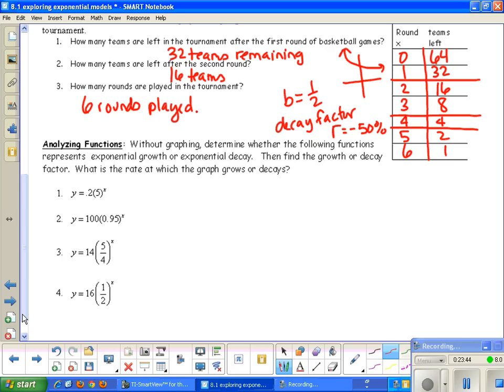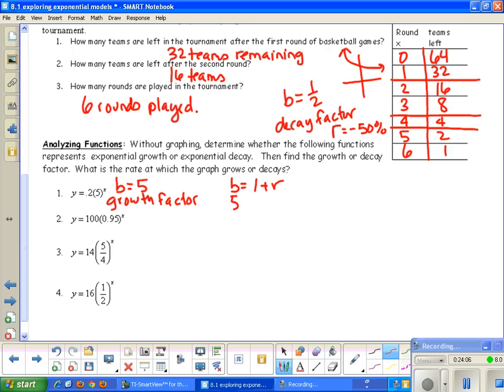So if you look at number 1, I want to find my b value. My b value is 5. Since it's bigger than 1, we know this is a growth factor. Now I want to figure out the rate at which we are growing. So we use the formula b equals 1 plus your rate.